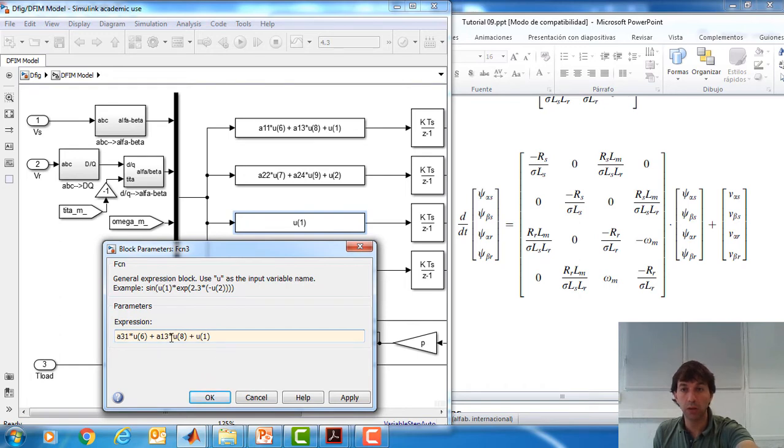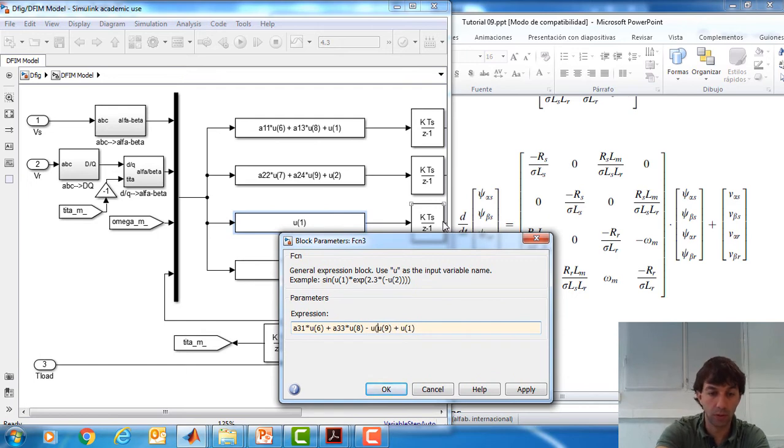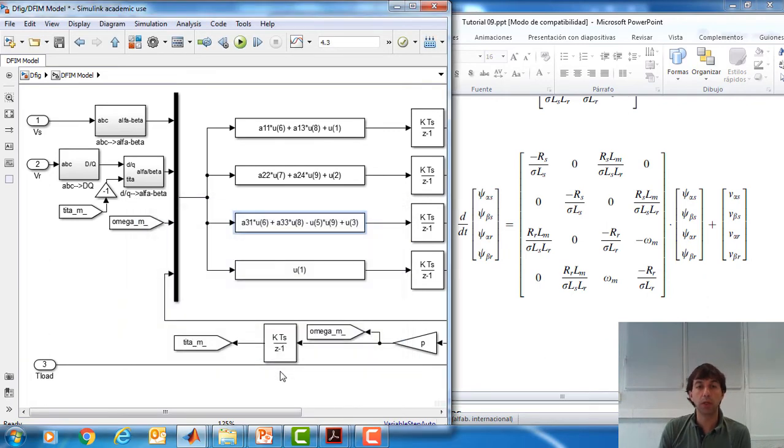Yes, U33 multiplied by U8, and in this case we need to add another component that will be U9, and this will be minus the speed 2, 4, 5, U5. Okay, negative, okay, and the input will be U3 on the rotor voltage alpha component.